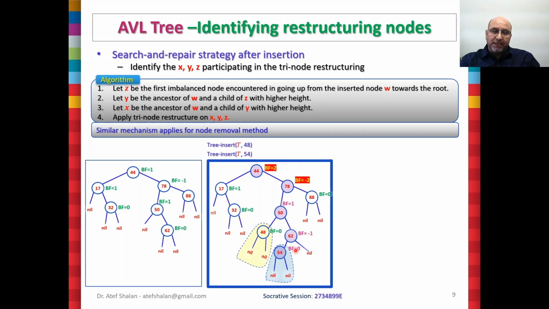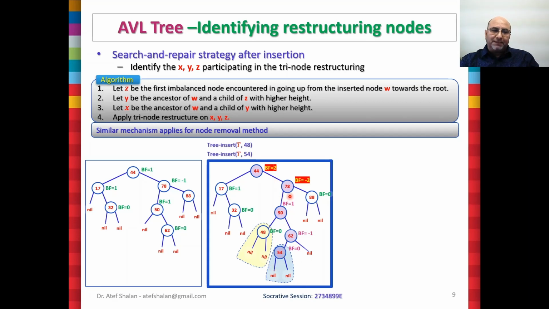I just got the same figure from the running example here. Now I want to identify where the 3 restructuring nodes are that I can use to rebalance this tree after inserting the 54. The algorithm is simple. Just start from the node you have inserted and go up towards the root.